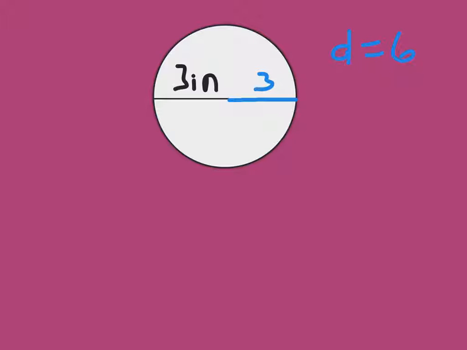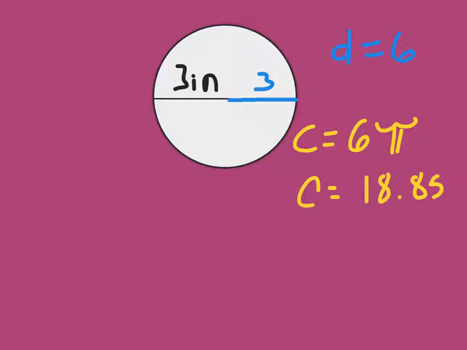So now I can use pi times our diameter, which is 6 times pi, and that's going to give us our circumference. When you do 6 times 3.14, it's going to give you something around 18.85 inches.